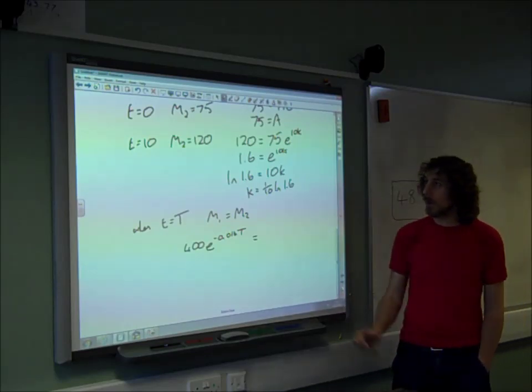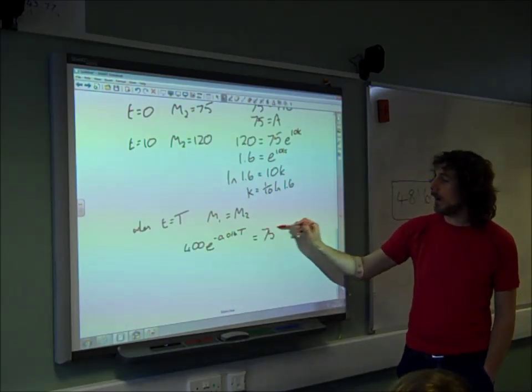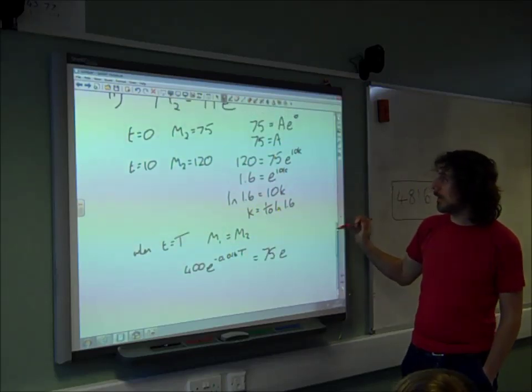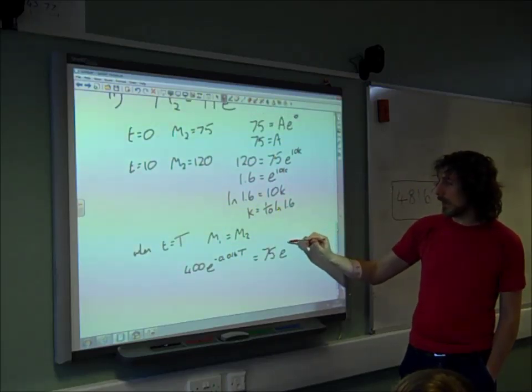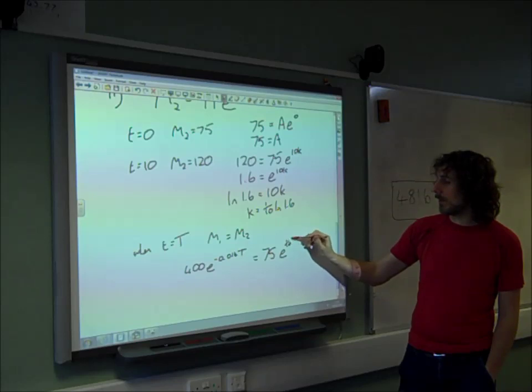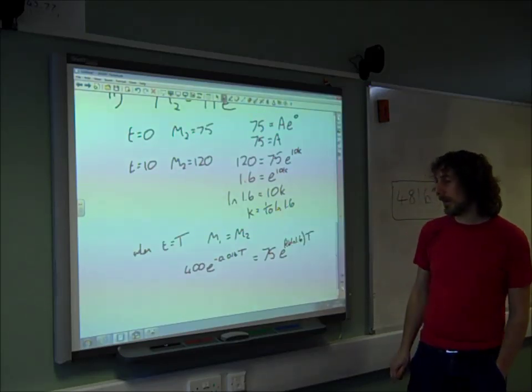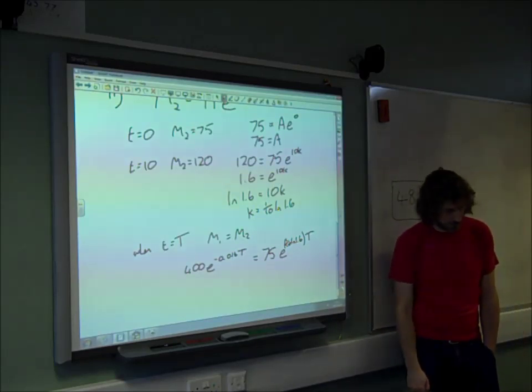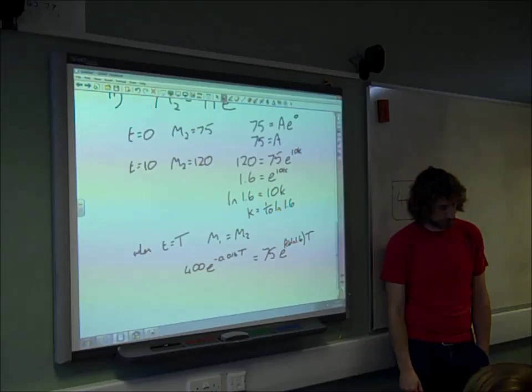And M2 is 75 e to the k, which I found as being 1/10 natural log of 1.6 times big T. It's horrible, isn't it?